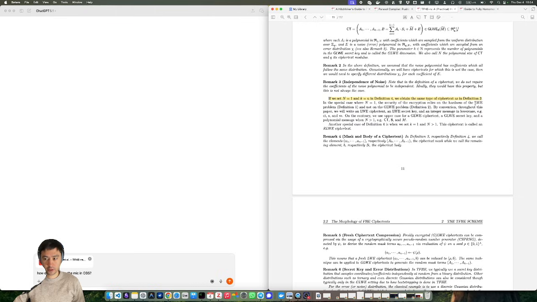Okay, so LWE versus GLWE. So we're moving to GLWE by using polynomial rings, or polynomial quotient rings.